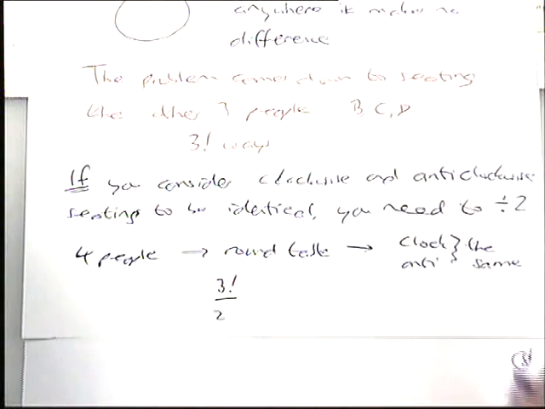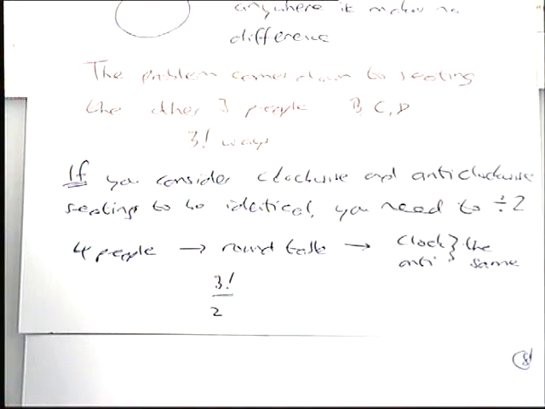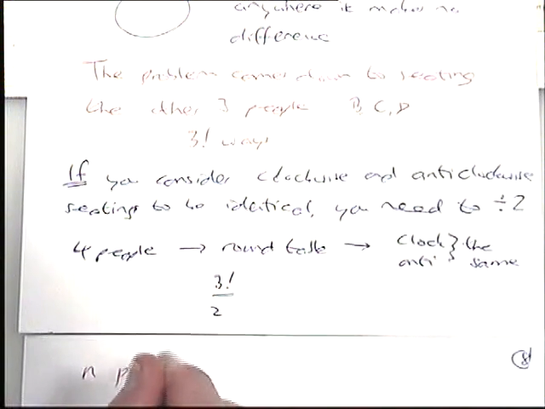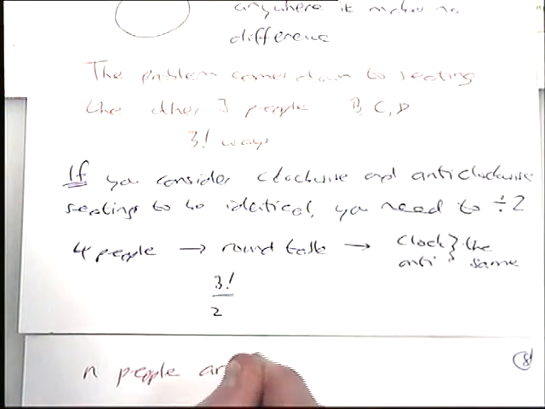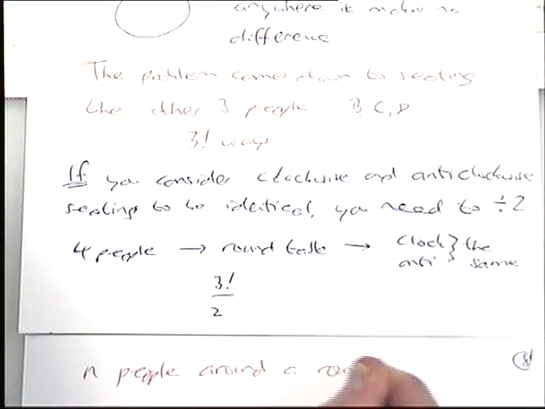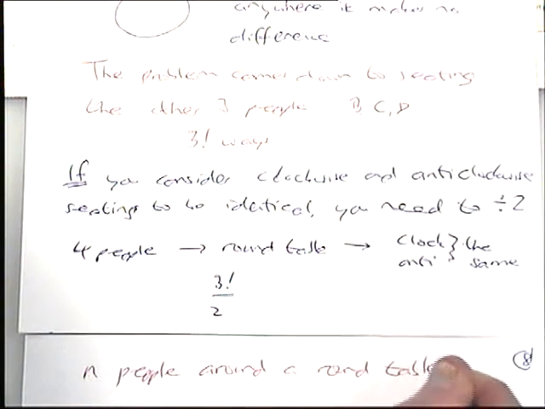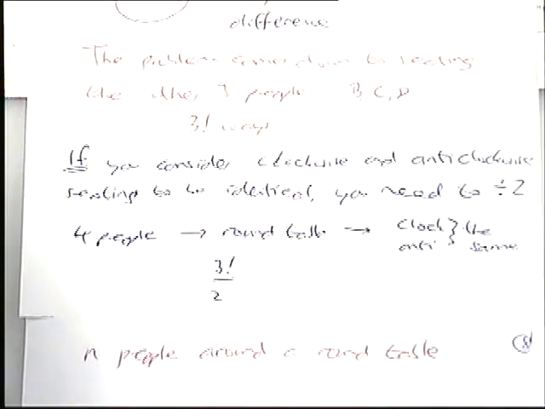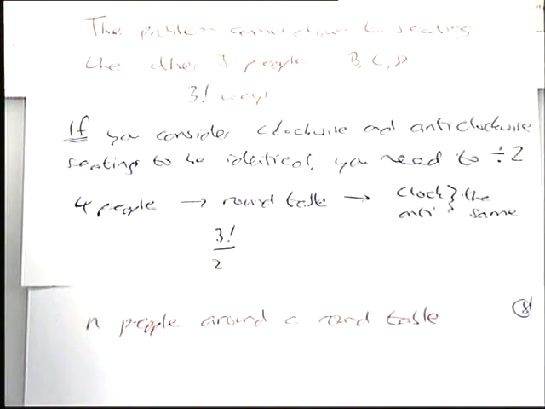So that does come up with the general result that if you have n people around a round table, it hasn't got to be round, it basically means the ends join up, then what will it be? Assuming that you have anti-clockwise and clockwise counted the same.